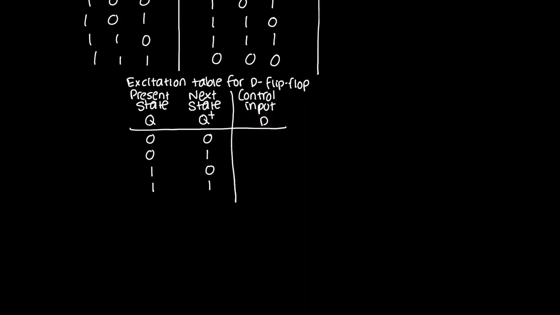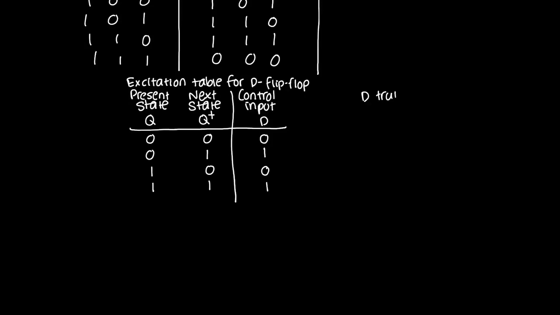So if I want next state Q to be a 0, then D just has to be 0. And if I want next state Q to be 1, then I need D to be 1. And similarly over here for the final 2 rows.